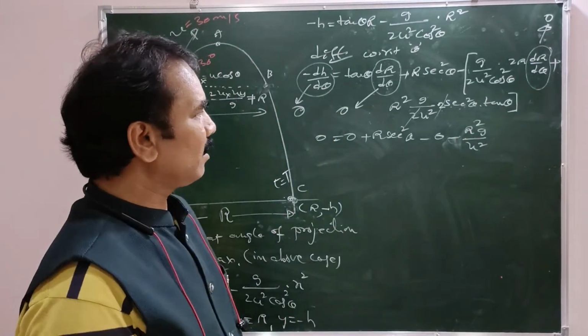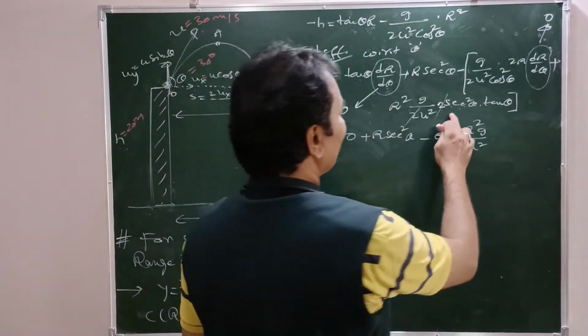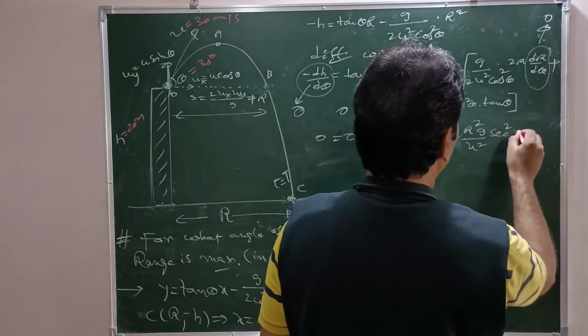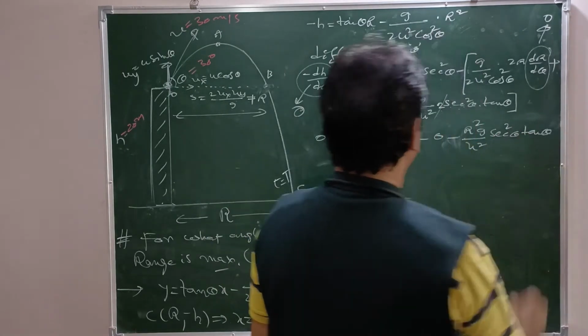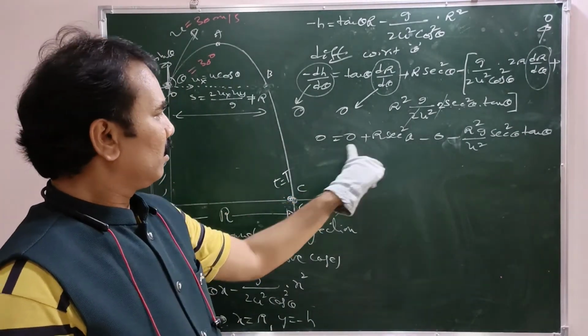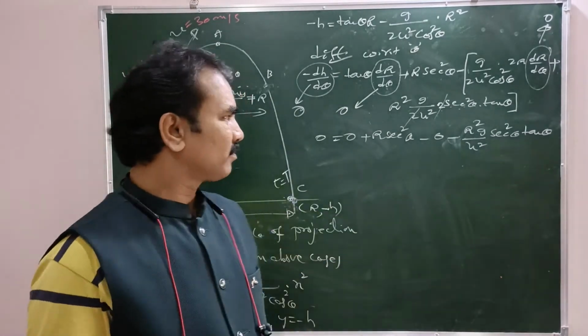Secant square theta is 1 by cos square theta. So 0 equals 0 plus r secant square theta minus 0 minus so and so.